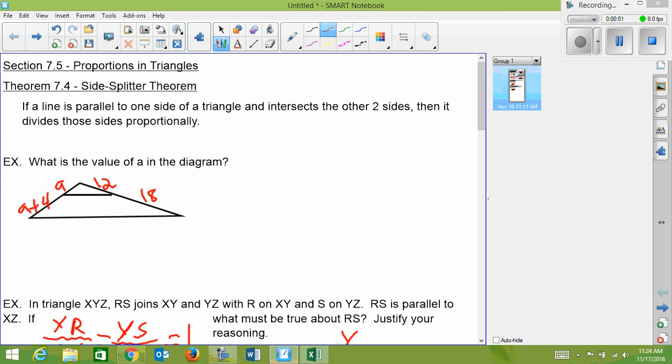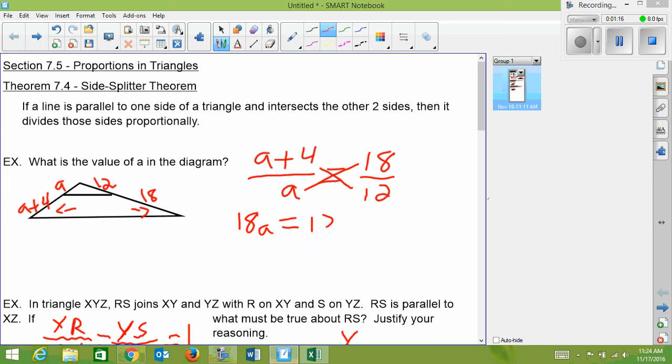So I can say that my A plus 4 over A is going to equal my 18 over 12. Just make sure that if you start with this side first, you have to start with this side first on the proportions. So now I'm going to crisscross. So 18 times A is 18A.